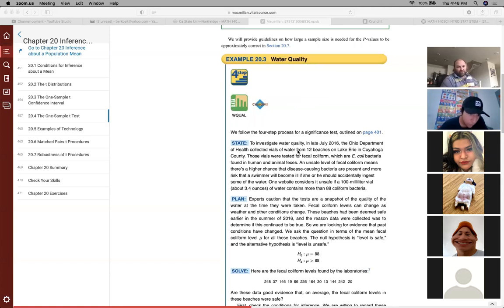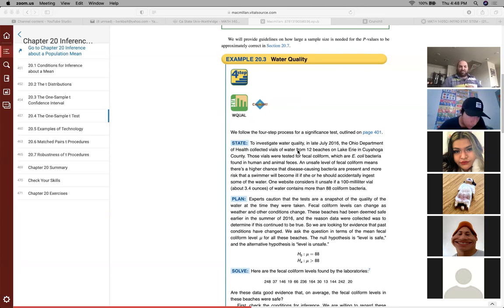Those vials were tested for coliform bacteria, and an unsafe level literally means there's a higher chance that disease-causing bacteria are present and more risk that a swimmer will become ill if he or she should accidentally ingest some of the water.